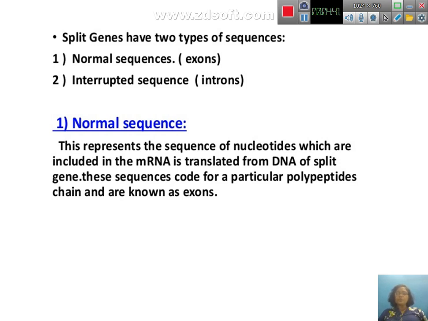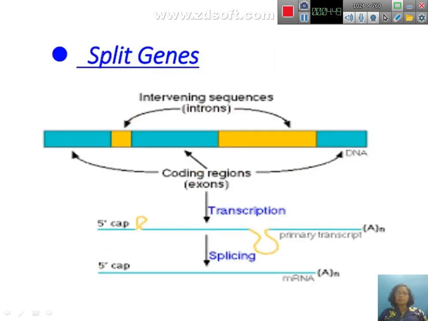By this diagram you will observe that here you have the intervening sequences or the introns, and this is your coding region or the exons.